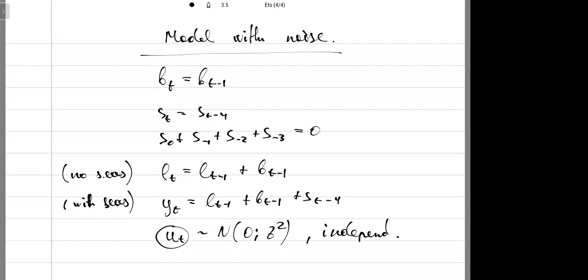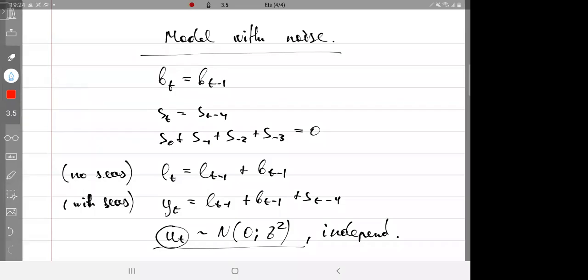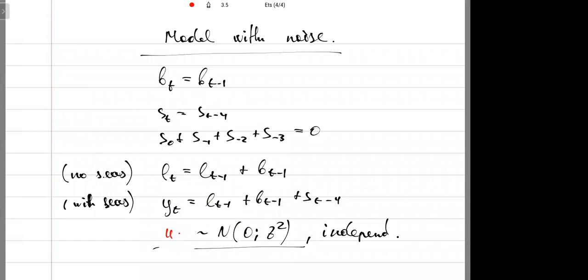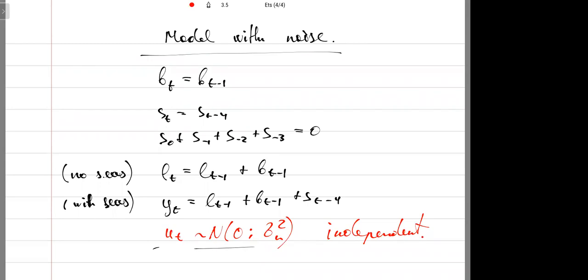Okay, so I add noise, and let me write in red, maybe it would be better to see the difference. ut has normal distribution with mean 0, variance sigma squared u, and they are independent. The idea of the ETS model is that noise may have a different impact on the current value and the long-term trend.